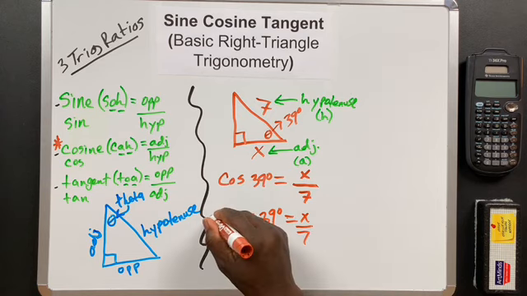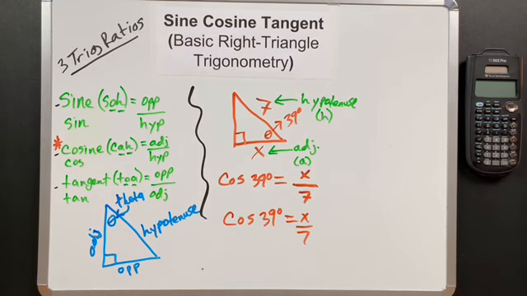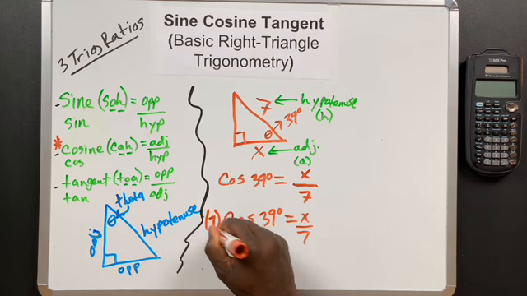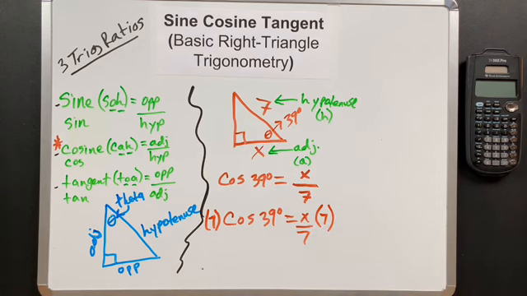And I'm going to multiply both sides. I need a little space, so let me bring this over here a little bit. I'm going to multiply this side of the equation by 7. And multiply this side of the equation by 7.